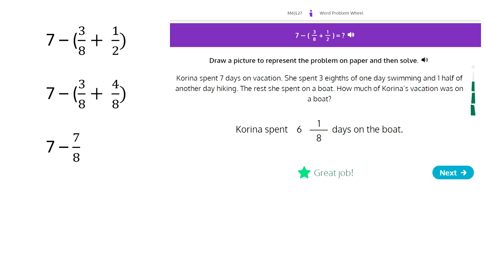And the remainder of the problem is just to subtract 7/8 from 7 wholes. You could think of the 7 wholes as 6 wholes and 8/8, so that you have some eighths to take away the 7/8, which would leave you 1/8 and the 6 wholes. So 6 1/8.